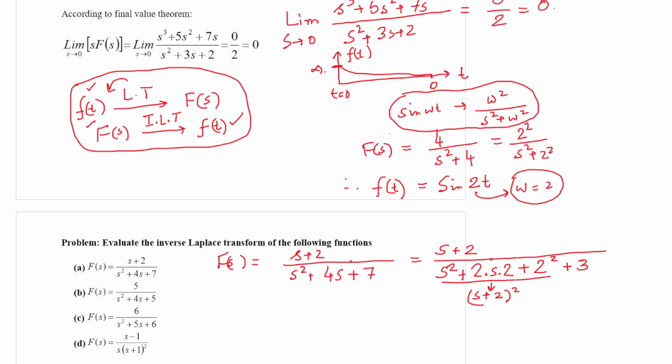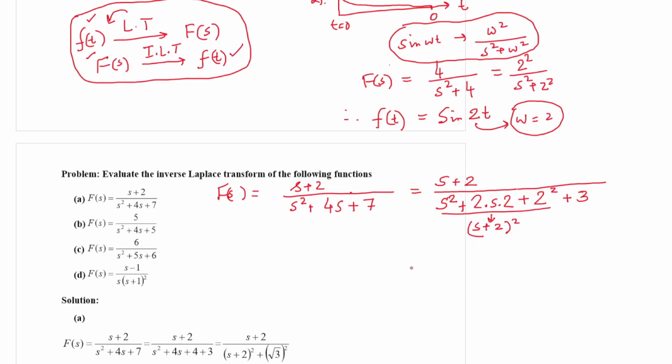So we can simplify it: F(s) is equal to s plus 2 divided by s plus 2 whole square plus, now you can write 3 as root 3 whole square. So this is your F(s).